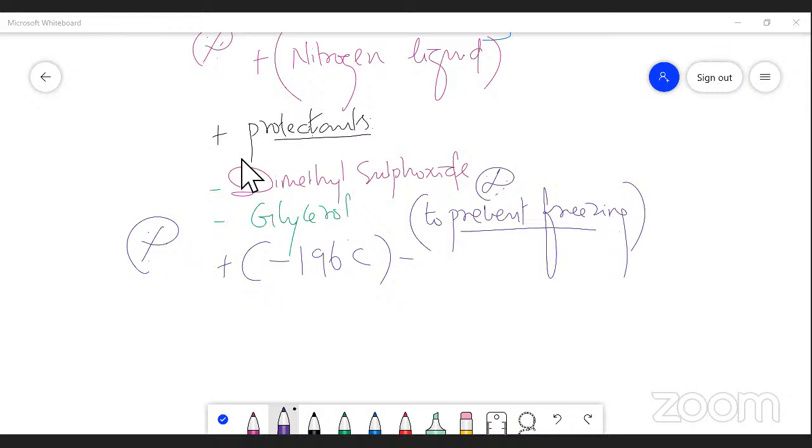Or let me ask: dimethyl sulfoxide, glycerol, or sucrose. What are they generally? Protectants. Could you mention the temperature used for cryo preservation? Minus 196 degrees Celsius. Very good. Just keep it up, right?